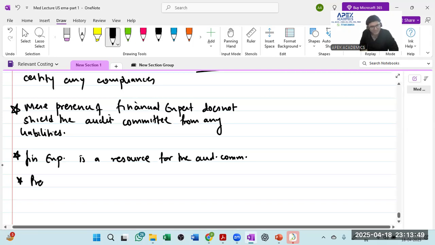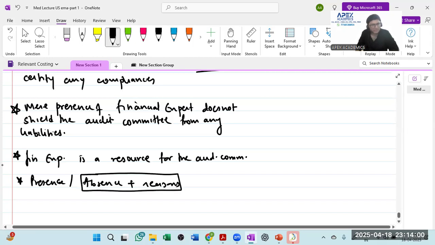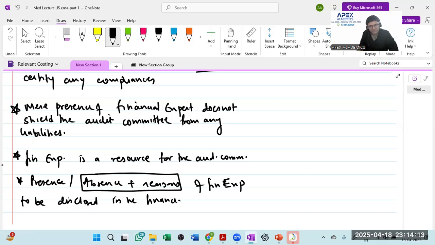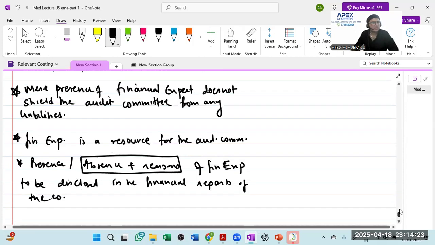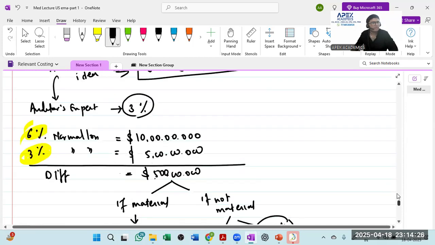The presence or absence, along with reasons, of the financial expert is to be disclosed in the financial reports of the company. To be disclosed where? In the financial reports of the company.